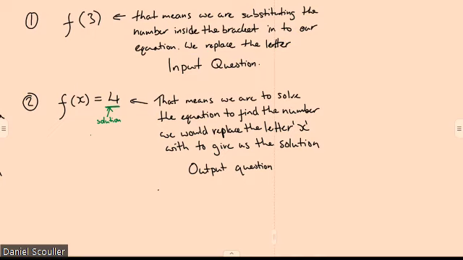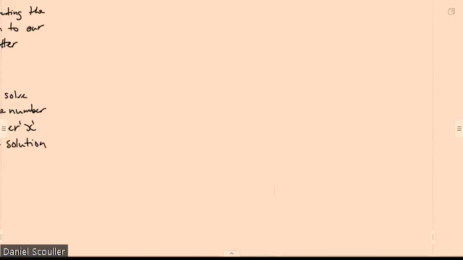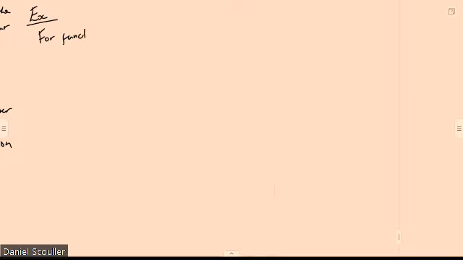Let me give an example. The function f of x equals 6x minus 4. Find the following.